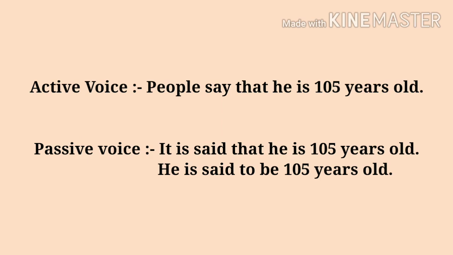The first one can be, It is said that he is 105 years old. Or we can use another form of passive sentence, that is, He is said to be 105 years old.